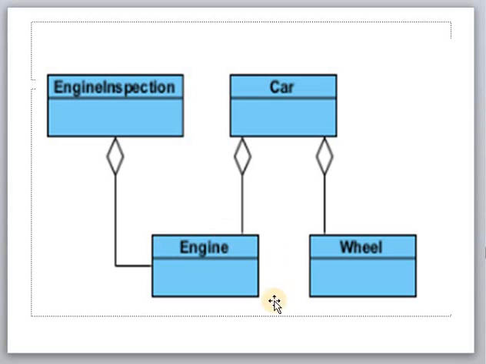We can manufacture the engine and the wheel individually, and they can live without the car. So aggregation is a whole-part relationship where a part can work without the whole in this particular relation.